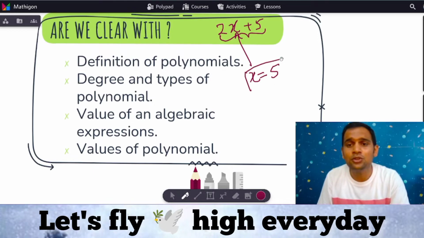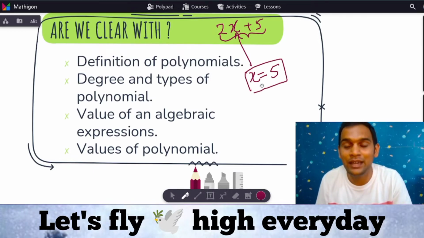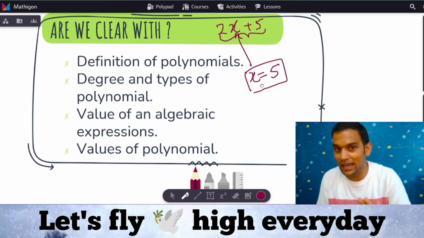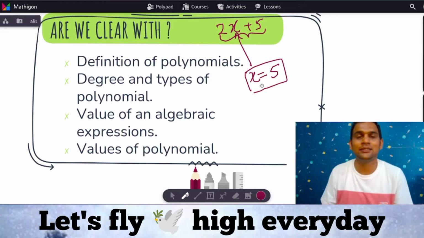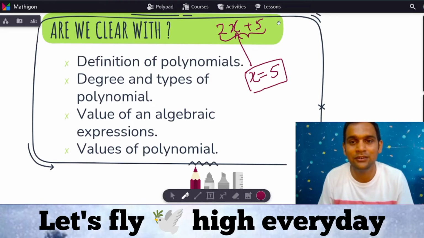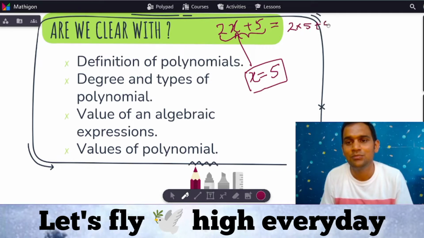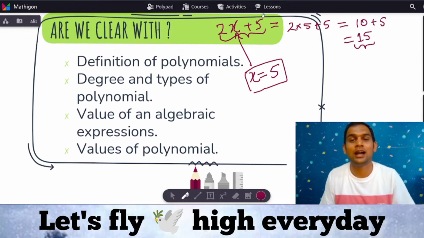So according to the value of the variable, wherever the expression goes, that is the value of the expression. So x equals 5, you substitute in this. So 2 times 5 plus 5. Obviously by the BODMAS rule, 2 times 5 is 10, plus 5 equals 15. So this 15 is the value of this particular algebraic expression.